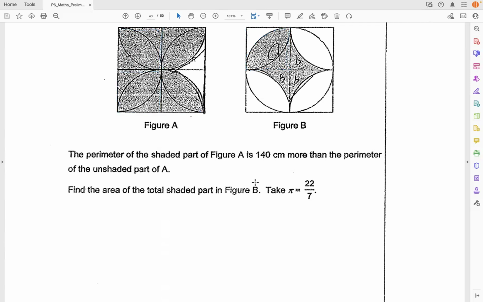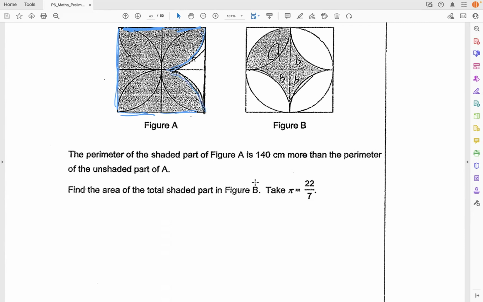Now, the question says that the perimeter of the shaded part of figure A is 140 centimeter more than the perimeter of unshaded part of A. So the perimeter of shaded part A is this. It's made up of 1 radius, 2 radius, 3 radius, 4 radius, 5, 6, and 1 arc, 2 arc.